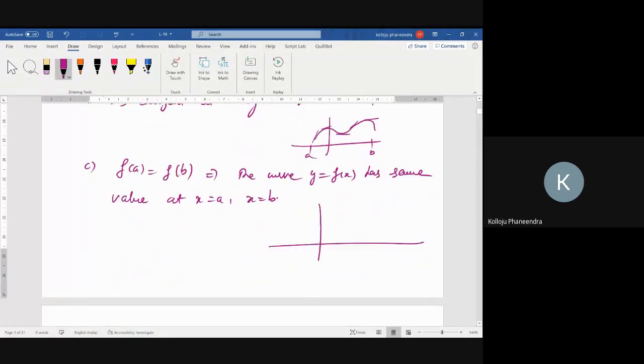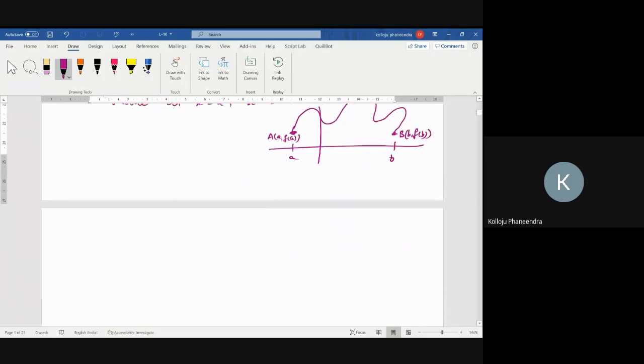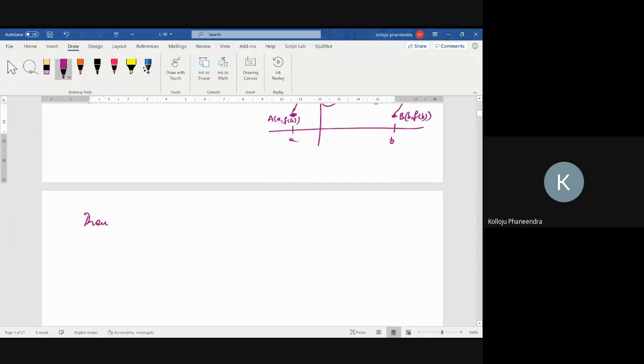If this is a and this is b, this is the point A, what is this point? A comma f of A, and this point, B comma f of B, both must be at the same level. Now you draw the curve, the choice is yours, whatever the curve, both must be at the same level, f of A equal to f of B. Then what is the conclusion? There exists c belonging to open (a, b) such that f dash c equals 0.